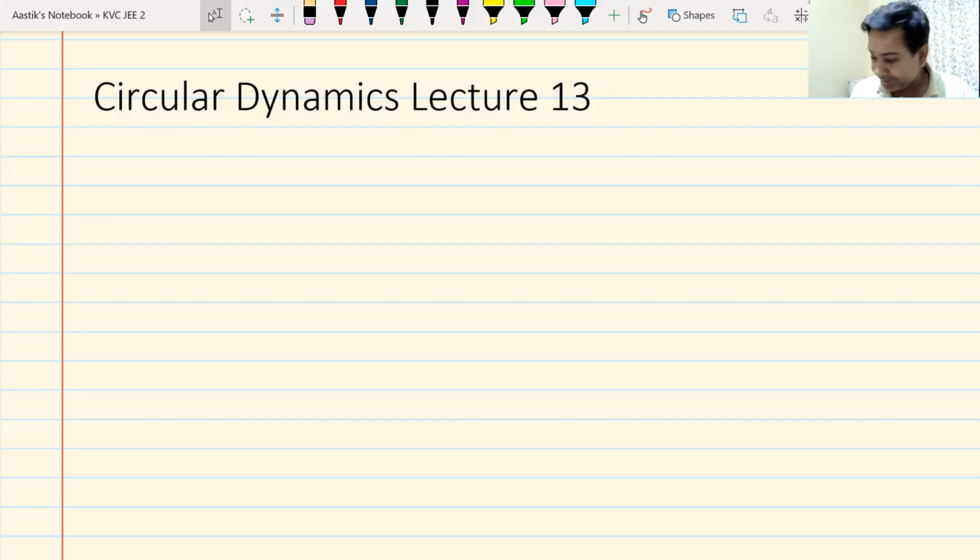And we are already on the last part of this chapter, both circular dynamics as well as work, power, and energy. In fact, if I say very frankly, we are done with circular dynamics. We have seen what is centripetal acceleration, centripetal force, what is tangential acceleration, tangential force.